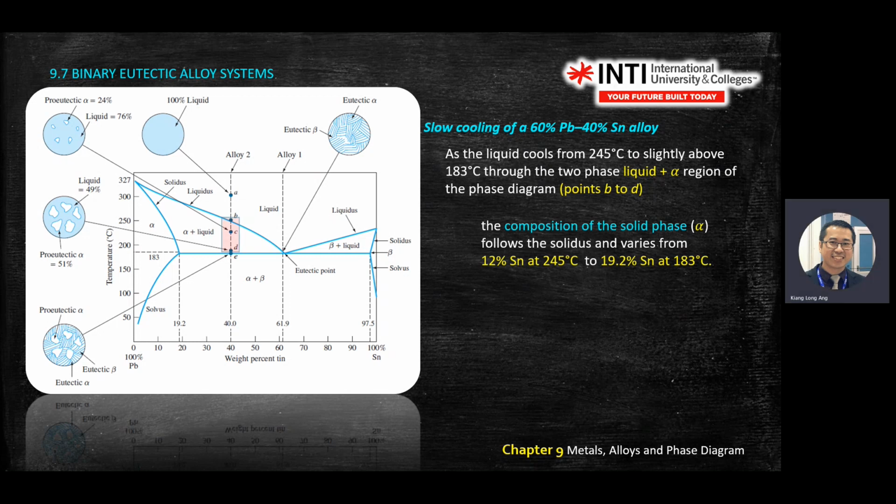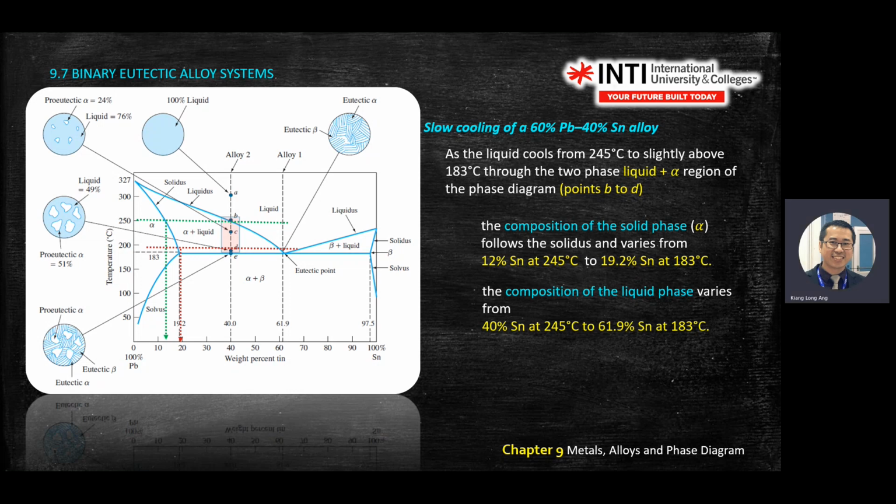You draw until here because you are interested in B to D. When you reach D, you draw a straight line, drop down, and you get 19.2 alpha. Sometimes I ask you beta, sometimes alpha. This is more on reading the graph, nothing complex here.